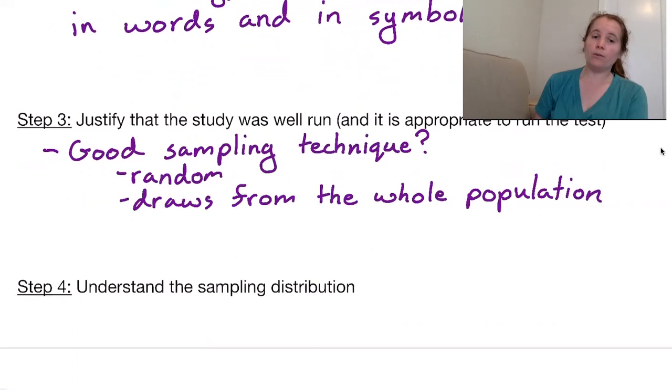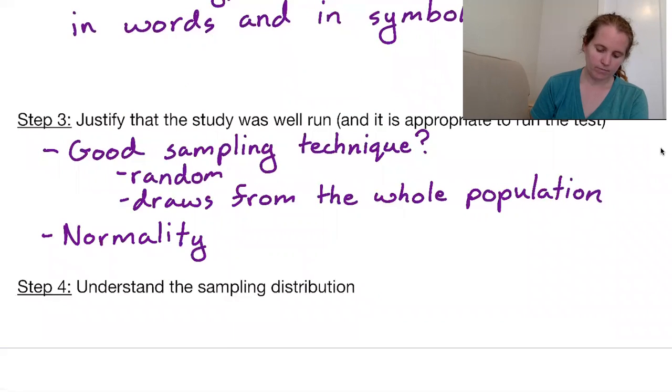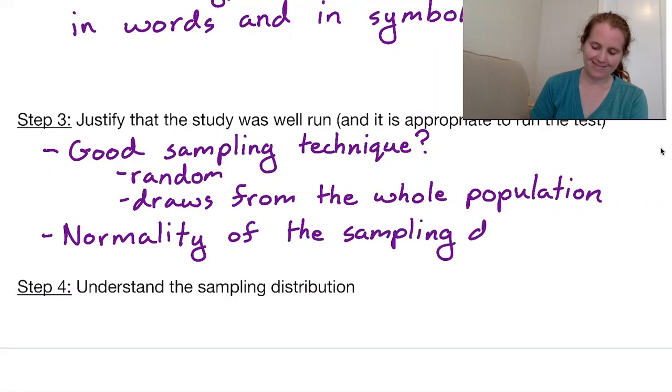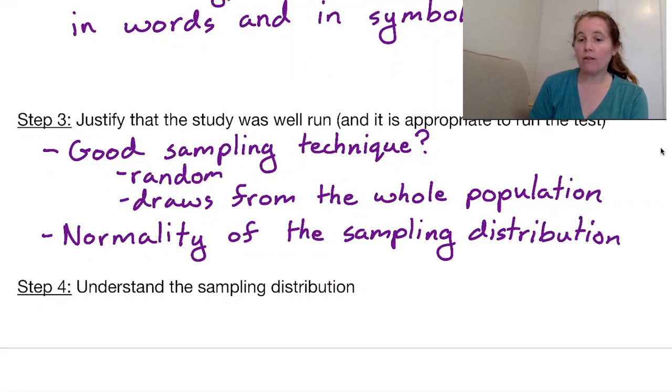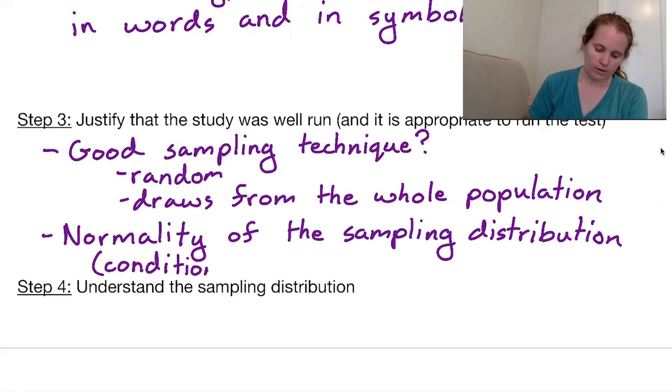And then we need normality of the sampling distribution. The conditions for normality depend on the problem type.